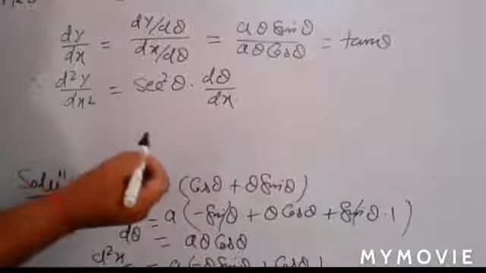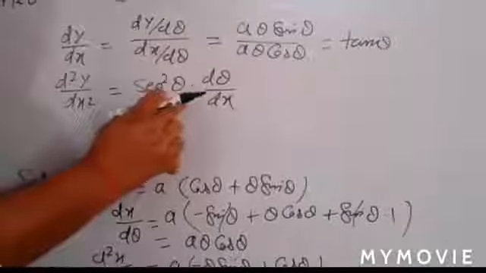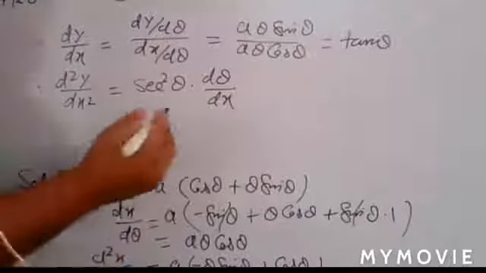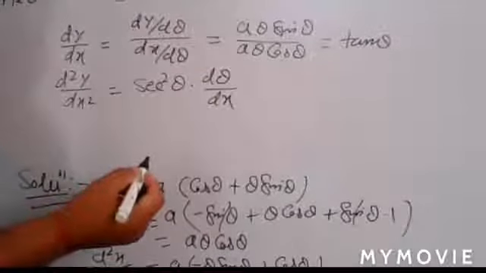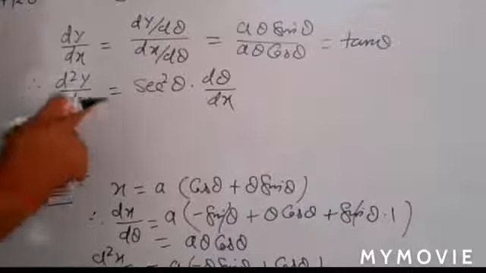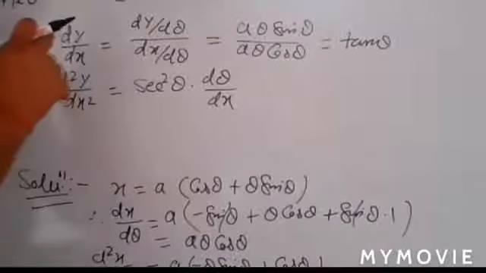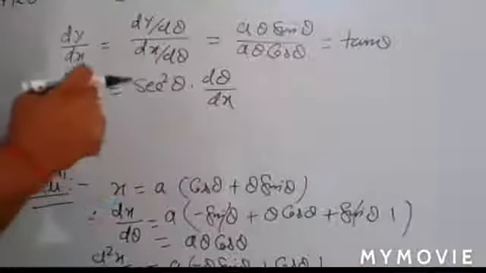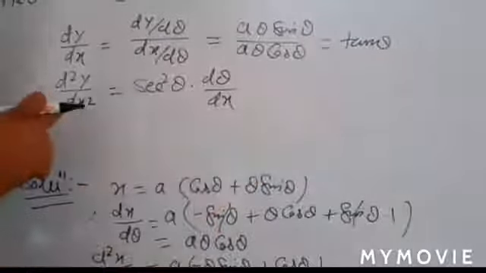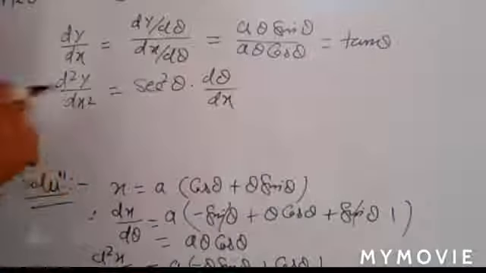Don't forget to differentiate theta with respect to x again. Most students make a mistake here and lose their marks in that step. So be careful while taking the second derivative, because the value of the first derivative is in terms of the parameter theta, and here you differentiate with respect to x.